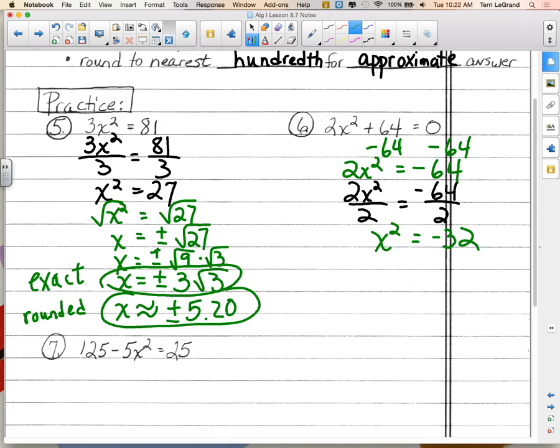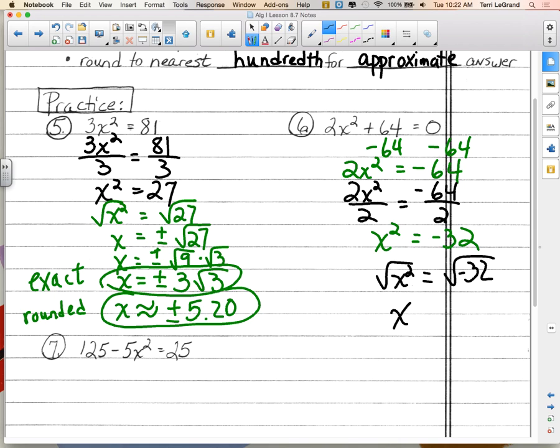Well, the next step would be we need x, so we would take the square root of both sides. So the square root of x squared will give us x, and the square root of negative 32. Here's where it breaks down, doesn't it? Can we take the square root of negative 32?